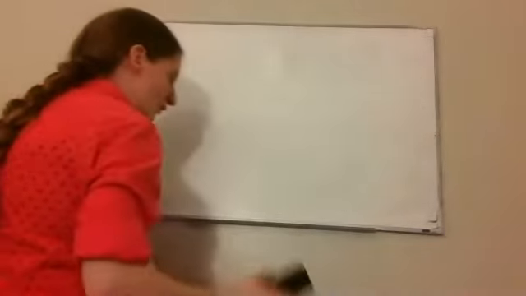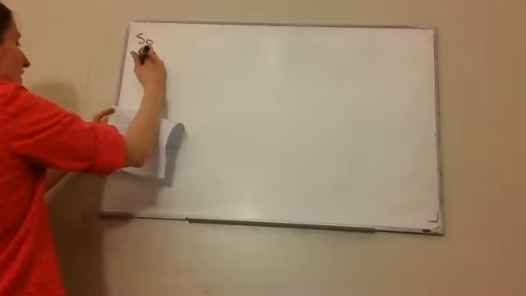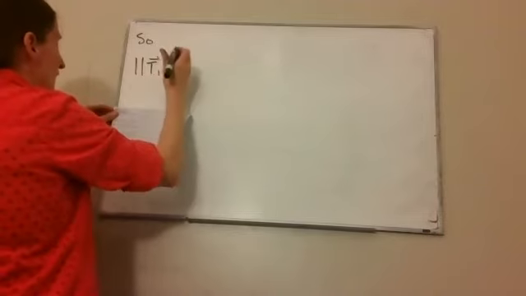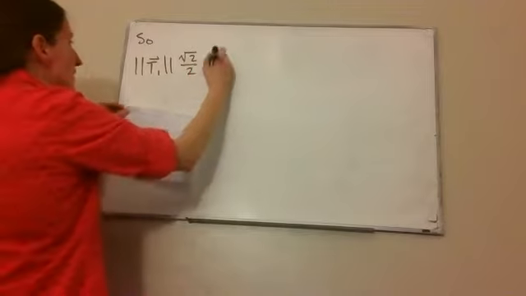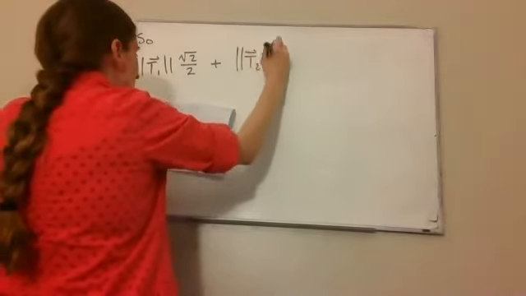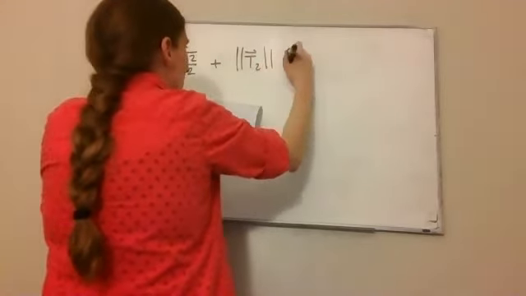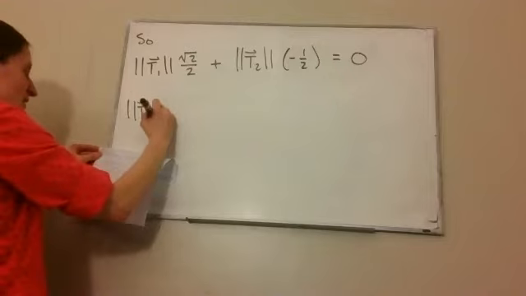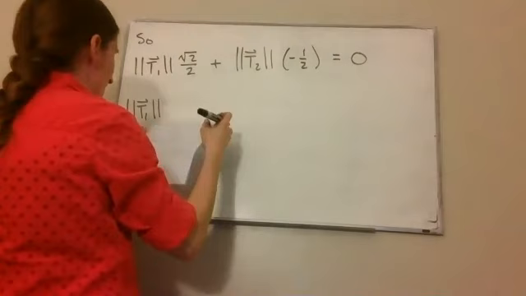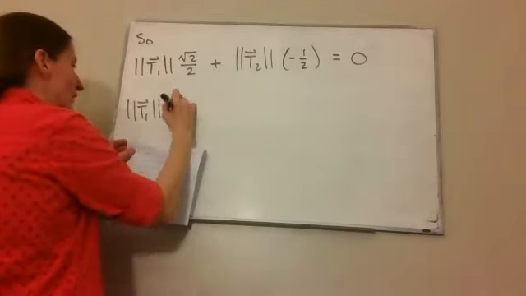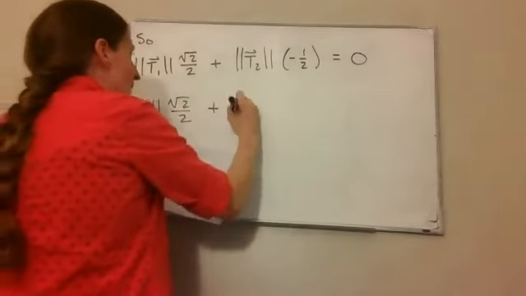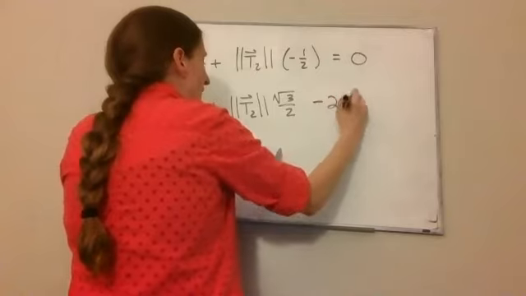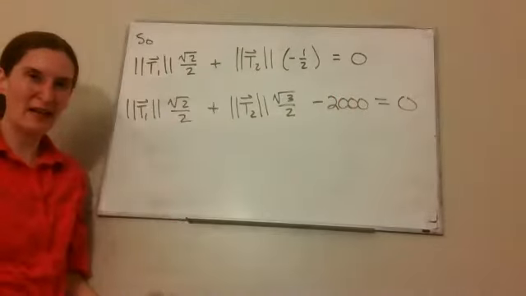So equating all of what we get from that, I know that my magnitude of T1 times cosine of 45 degrees, that was square root of 2 over 2, plus my magnitude of T2 times a cosine of 120 degrees, which was negative 1/2, has to equal 0, and magnitude of T1 times my sine of 45 degrees, which is also square root of 2 over 2, plus my magnitude of T2 times sine of 120 degrees, which is square root 3 over 2, minus my 2,000 is also equal to 0. That was what I got from the J components.